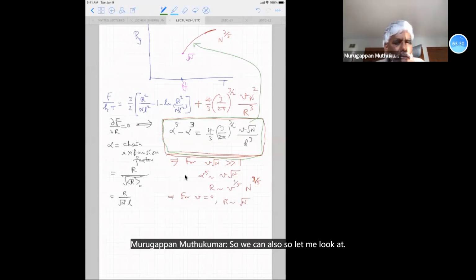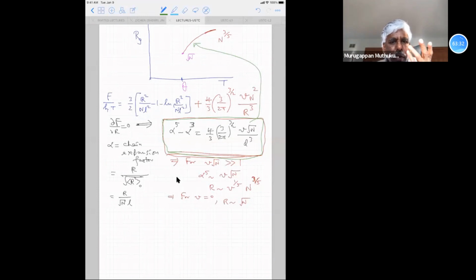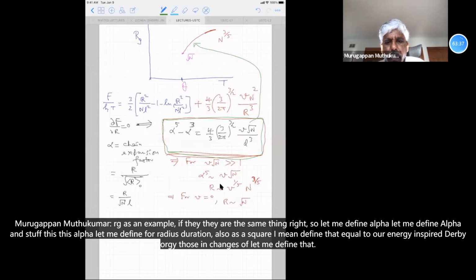So we can also look at RG as an example. If I take RG, same thing, right? Let me define alpha S squared for the radius of gyration.